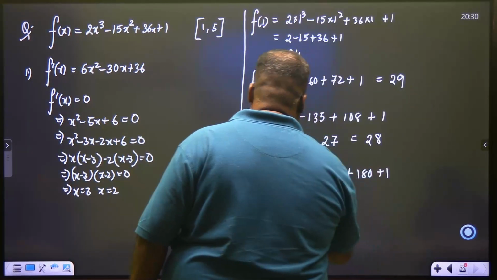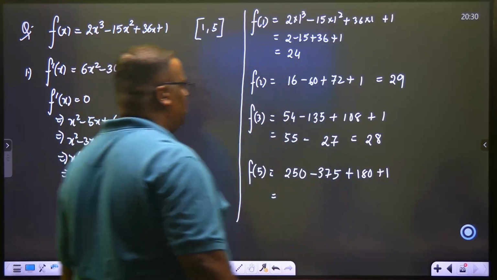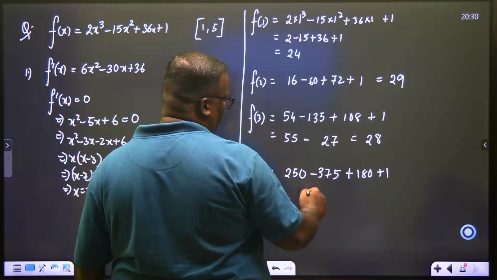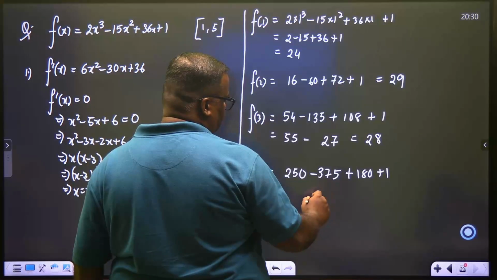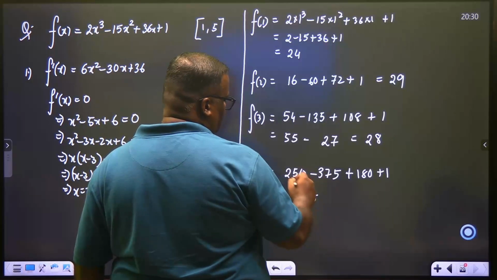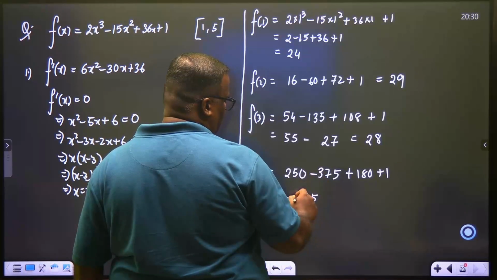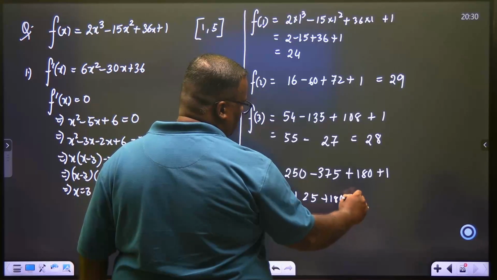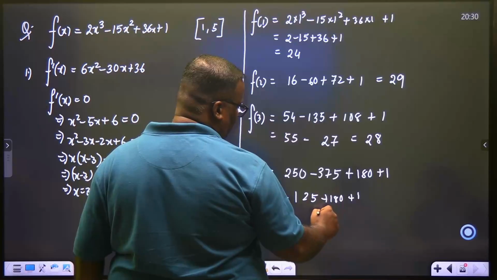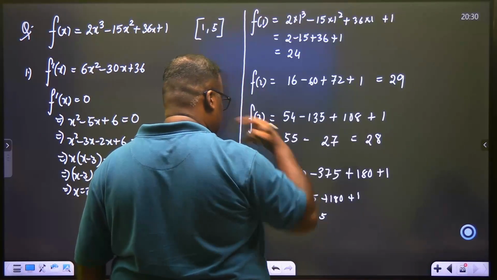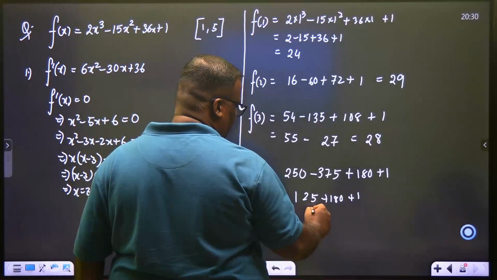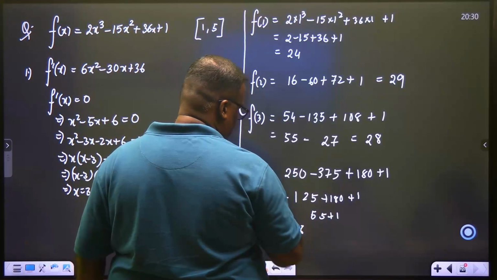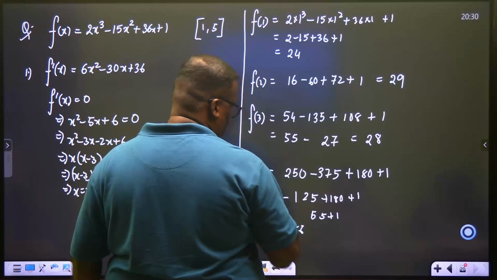So this is how much? 250 minus 375 is negative 125, plus 180 plus 1. That is 56. f of 5.